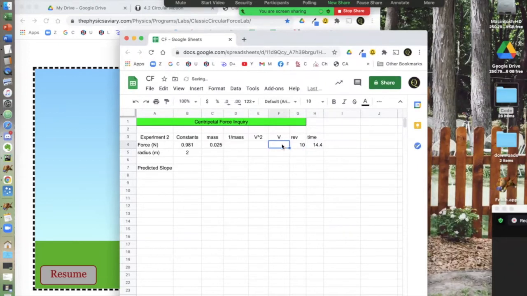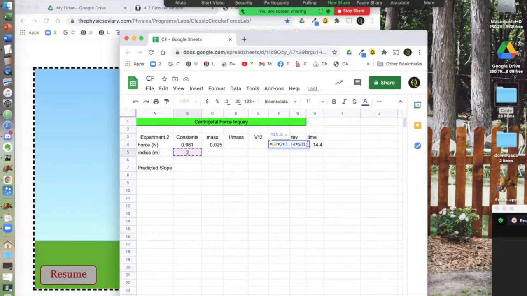So how do I get my velocity? I'm going to do a formula. It's going to be this cell times 2 times pi. I'm just going to use 3.14 to make it easy, times this radius right over here. But I want to refer to that radius every single time, so I'm going to put dollar signs in front of the B and in front of the 5, so when I drag it down, it's still always getting that radius.